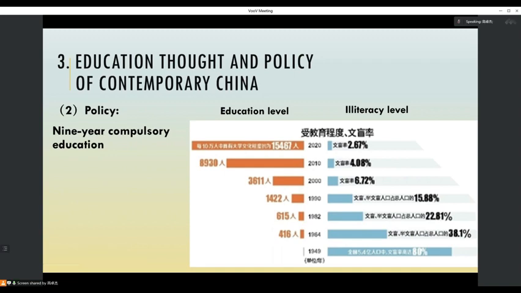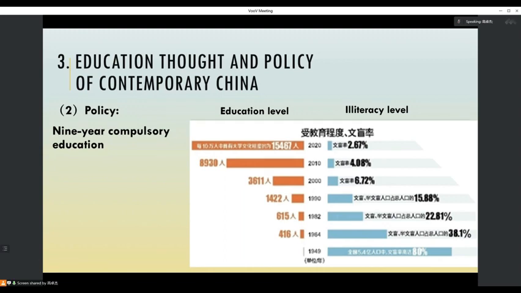Look at this picture on the slide. The data from 1949 to 2020. In 1999, look here. In literacy, they count read and write almost about 80%.